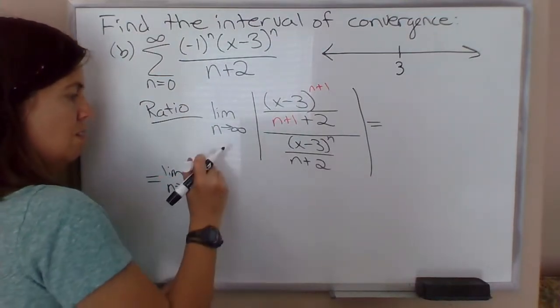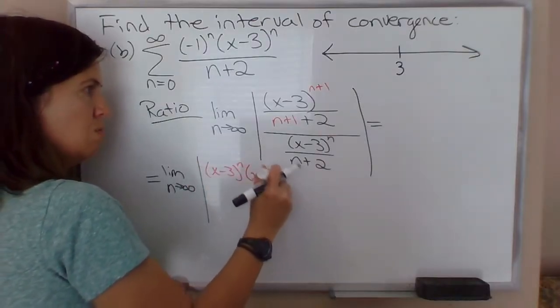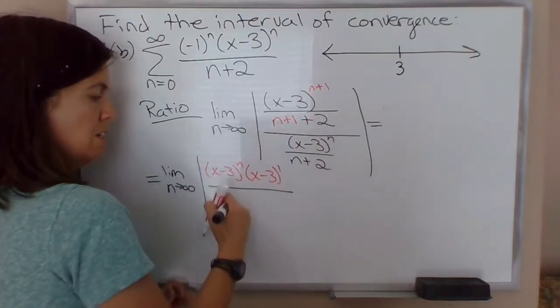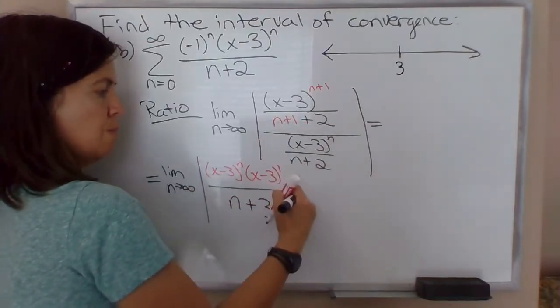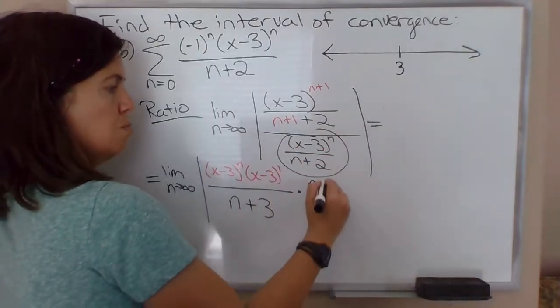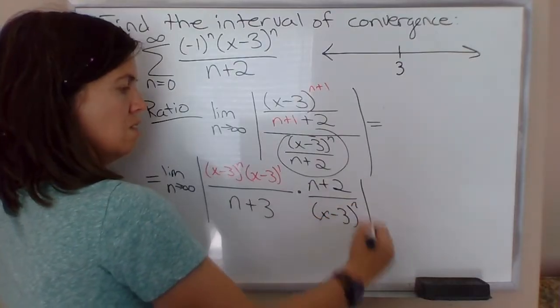So x minus 3 to the n times x minus 3 to the first over n plus 3. And then I'm going to multiply by the reciprocal of what's down here. So n plus 2 over x minus 3 to the n.